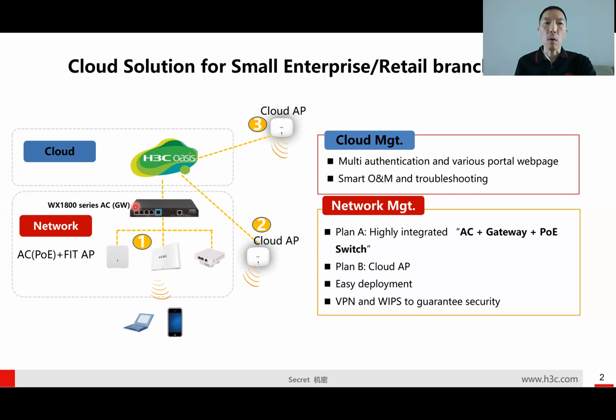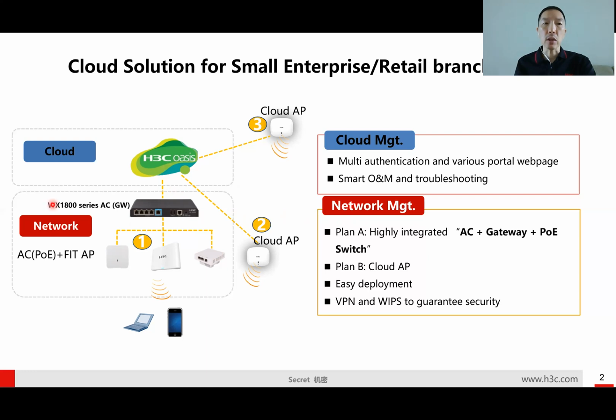This is a small access gateway together with controller features and PoE functions, so your Wi-Fi AP PoE devices can be connected directly to this small controller. All your Wi-Fi devices like your mobile and your computer can connect to the network, and at the same time, this device will be managed and connected back to our Oasis platform.